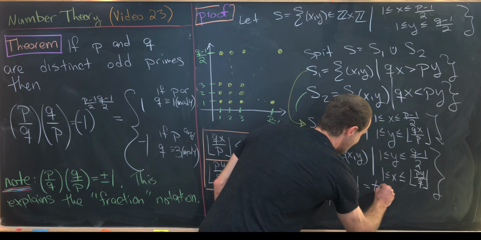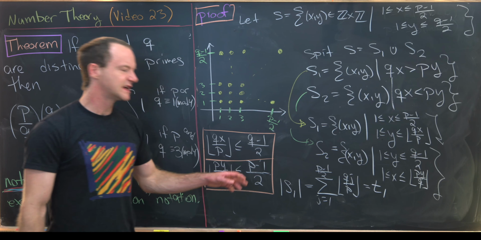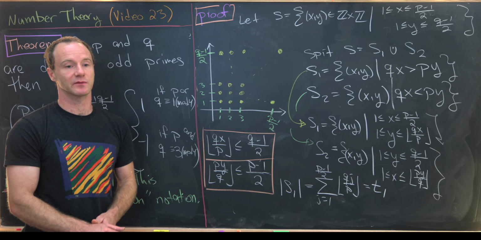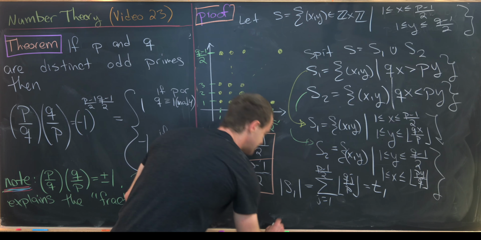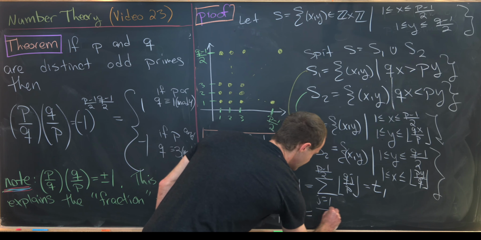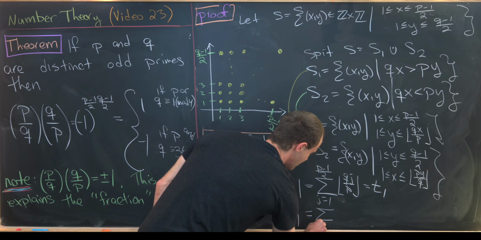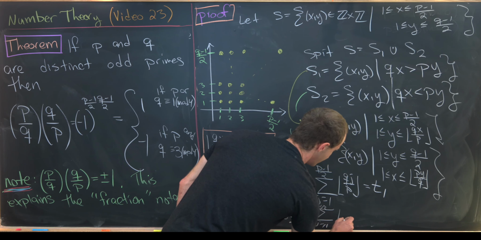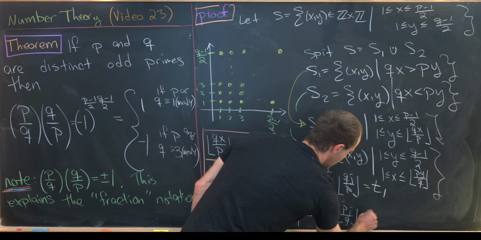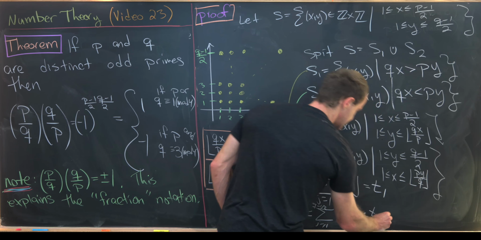I'll call that T1, because we used t as a representation of this type of number in a previous proof. And similarly, the number of elements in S2 is equal to the sum as j goes from 1 up to (q minus 1) over 2 of the floor of pj over q. And I'll call that T2.